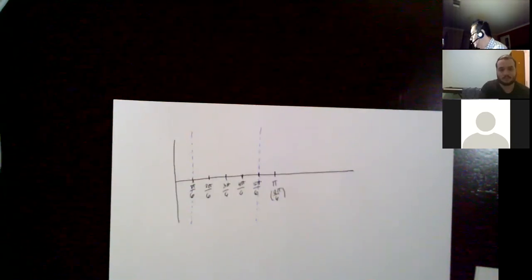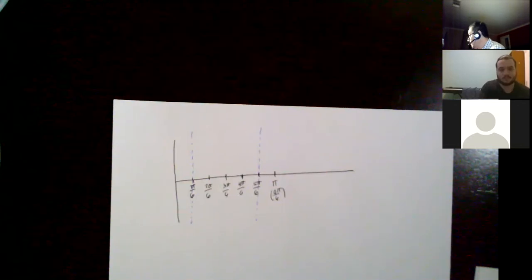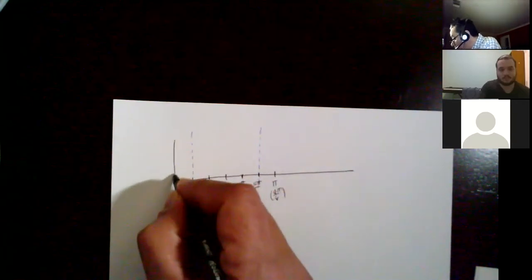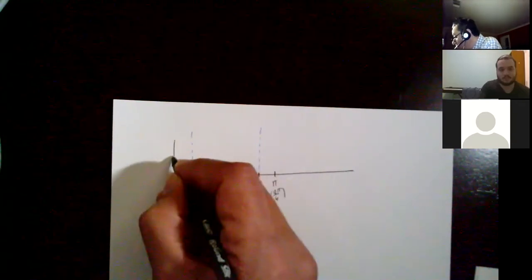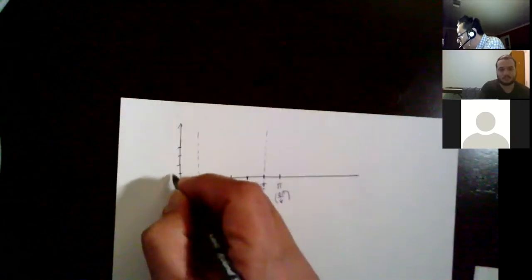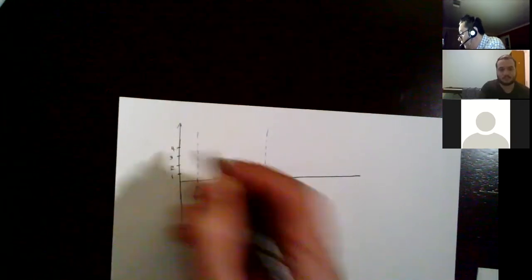All right. So now what I'm gonna do is I'm gonna take care of the vertical shift. Notice the vertical shift was 2, by the way. So what I'm gonna do is I'm gonna go up 2. 1, 2, 3, 4. So I'm gonna go up to 1, 2, 3, and 4 at 2.